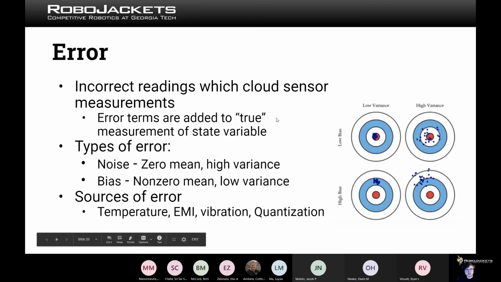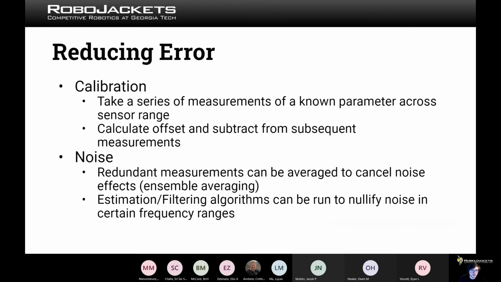So sources of error in sensors or in your system: temperature, EMI, vibration, and even quantization error I mentioned. So, ways to reduce error. You can take a calibration, and this is good for accounting for bias, right?